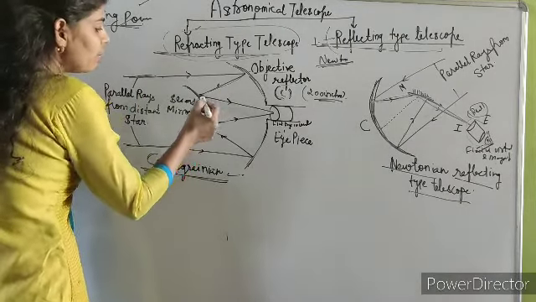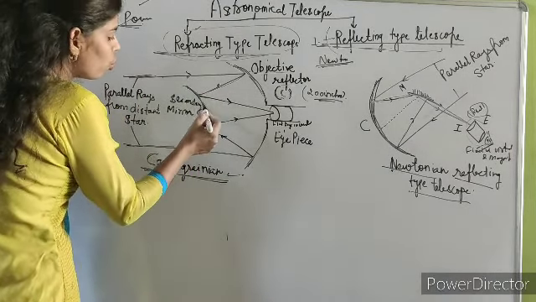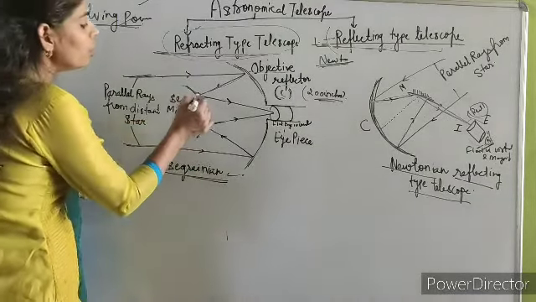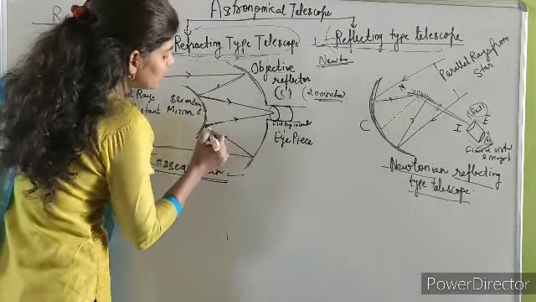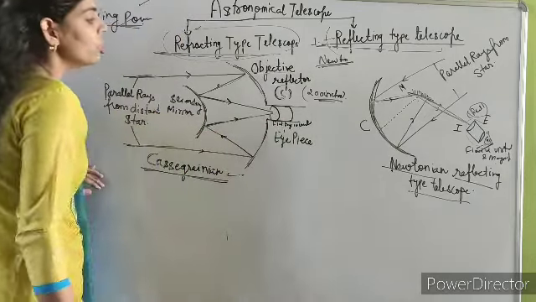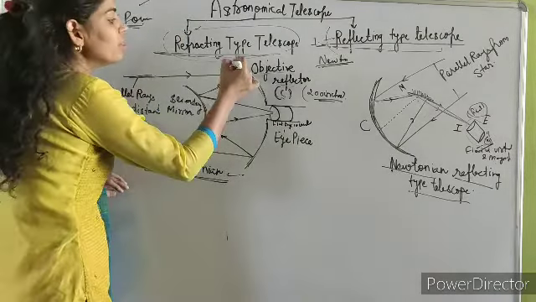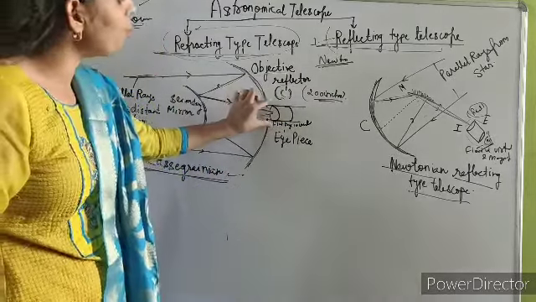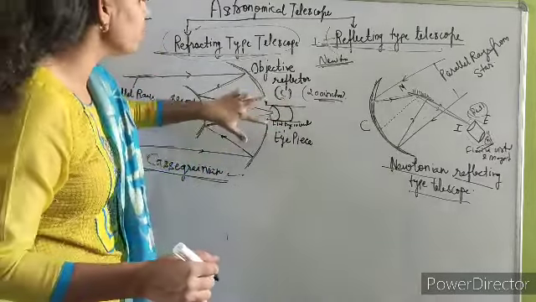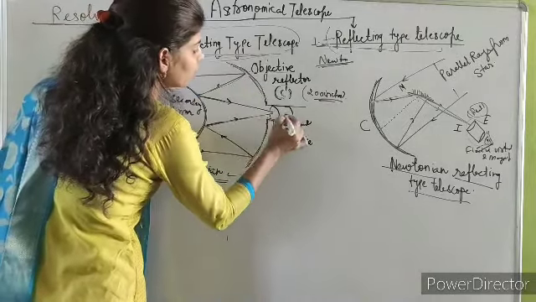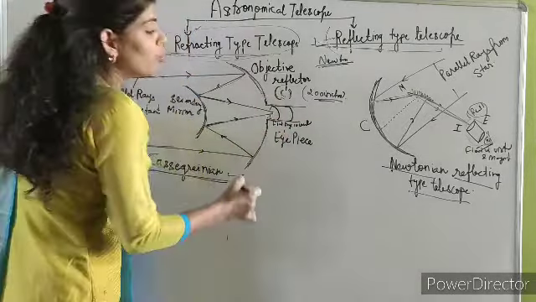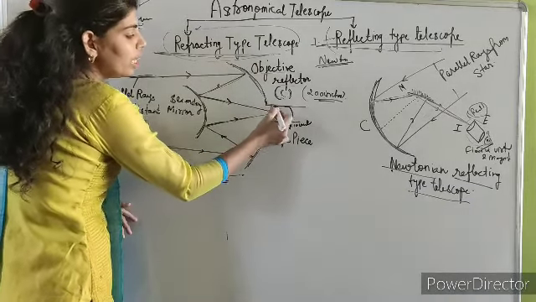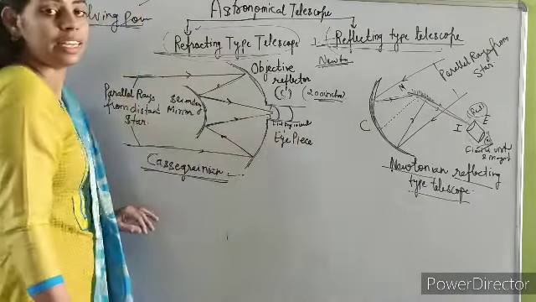So when these reflected rays fall on this convex mirror, it will converge these rays at this point. Students, this parabolic concave reflector has an opening at its center. Here I have placed a small lens that is known as the eyepiece lens.